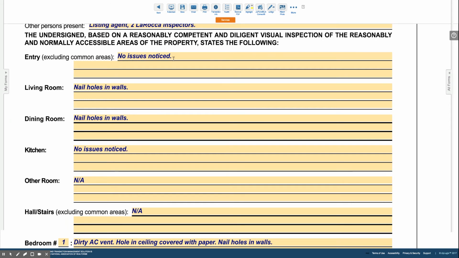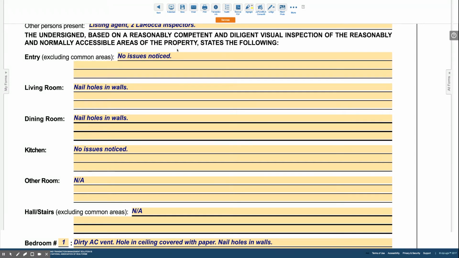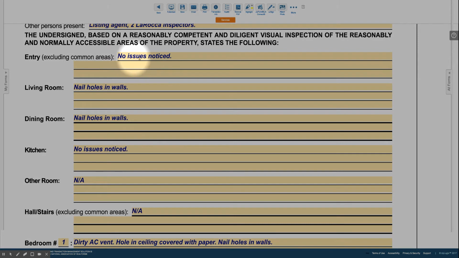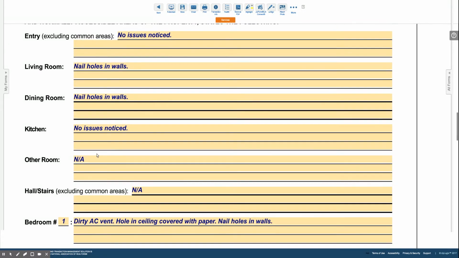So when you don't see issues, rather than leaving the space blank or not filling it in, you should write that you noticed no issues, because otherwise it can be assumed that you just didn't inspect that area. So if you write no issues noticed, then it's very clear that you did inspect it. You just discovered nothing in there.